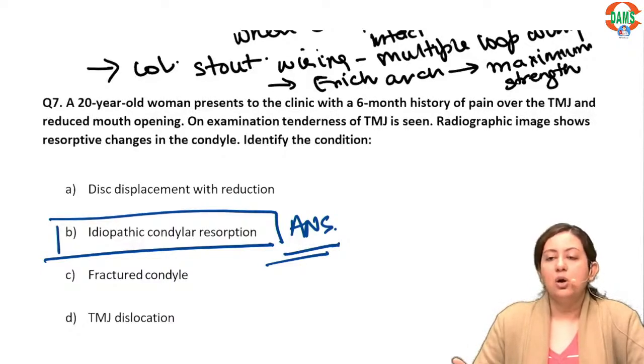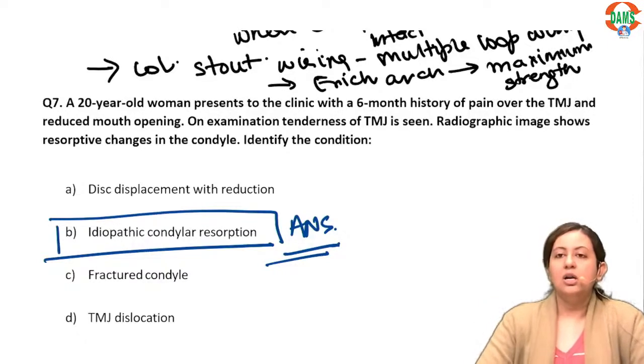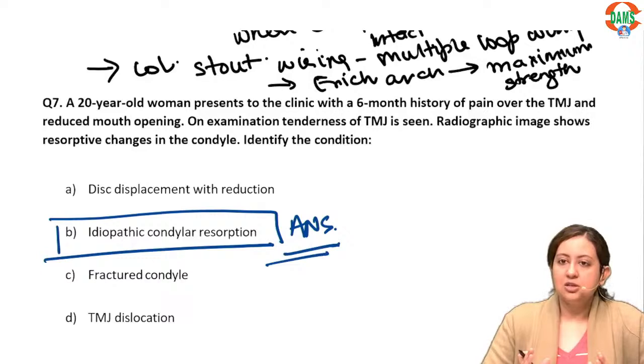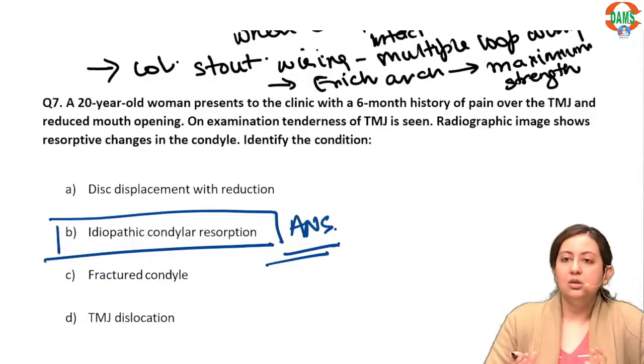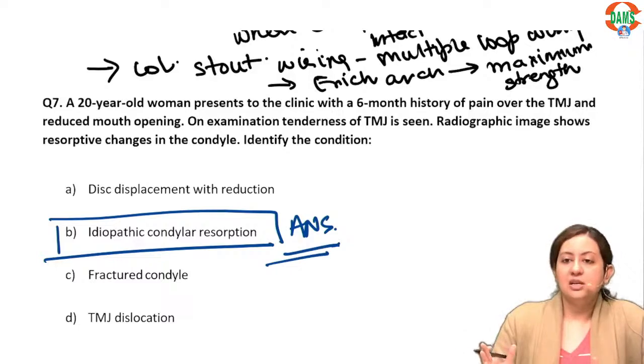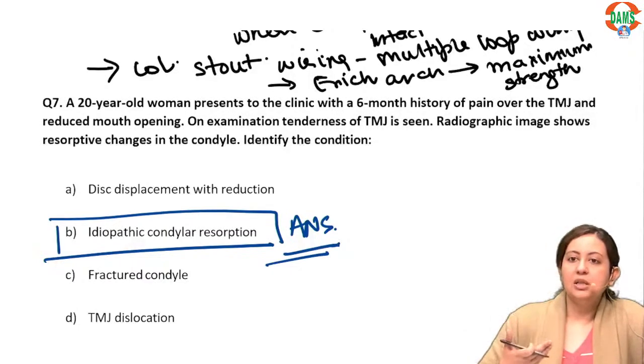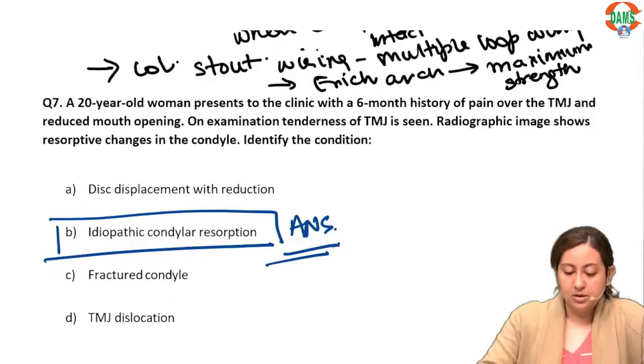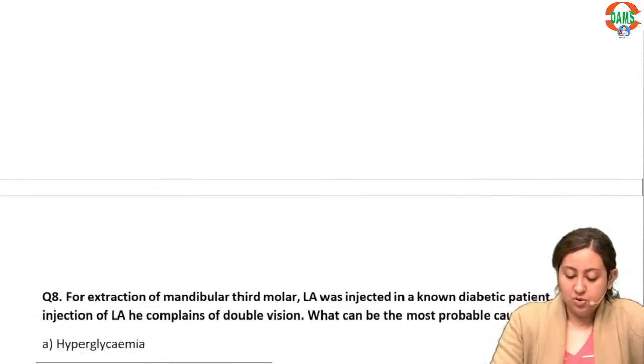This is how we ruled out options A, C and D and arrived at B as our answer. So if something new is presented to you, try to recall the clinical features, the radiograph image, or the most likely features of the options given. All right, now we'll move on to our next question.